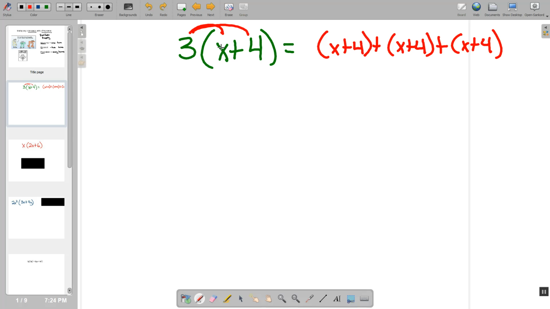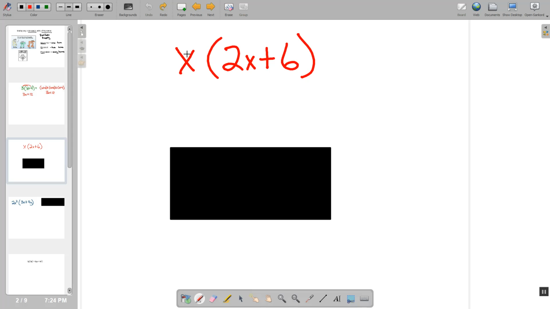Instead, we would write 3 times x is 3x, and 3 times 4 is 12, and that would be our distributive property. If we notice over here, we get x plus x plus x is 3x, 4 plus 4 plus 4 is still 12. And so thinking about the distributive property in this context or this context doesn't really change the problem until the thing outside of the parentheses is no longer a regular number. And this is what the lesson here is going to cover.